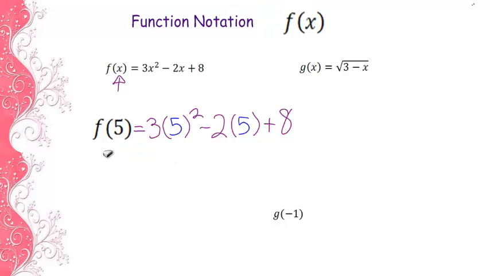The parentheses are important. It helps so that you don't make order of operations errors and you don't make errors with negative signs. So now we have to do order of operations. You always have to square things first. So 5 squared is 25.